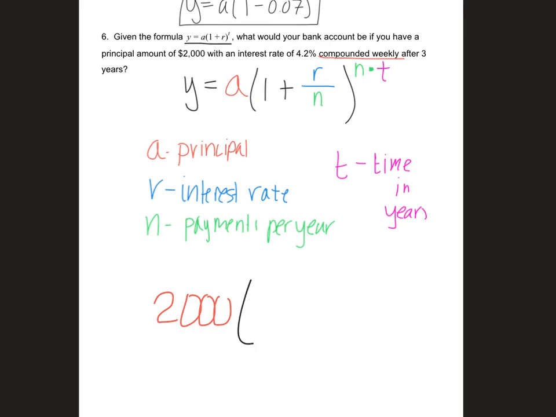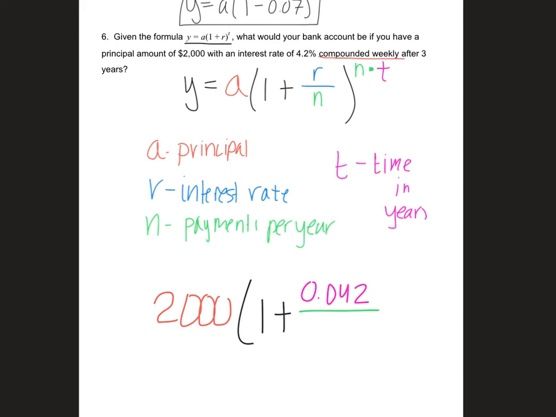And then I've got the 1 plus the R, my interest rate, is 4.2. But you do not put it as 4.2. You put it as 0.042 because that's the percentage in real decimals, in real numbers. And then you're going to put that over the amount of payments per year. Now that's where this compounded weekly thing comes in. How many weeks are in a year?